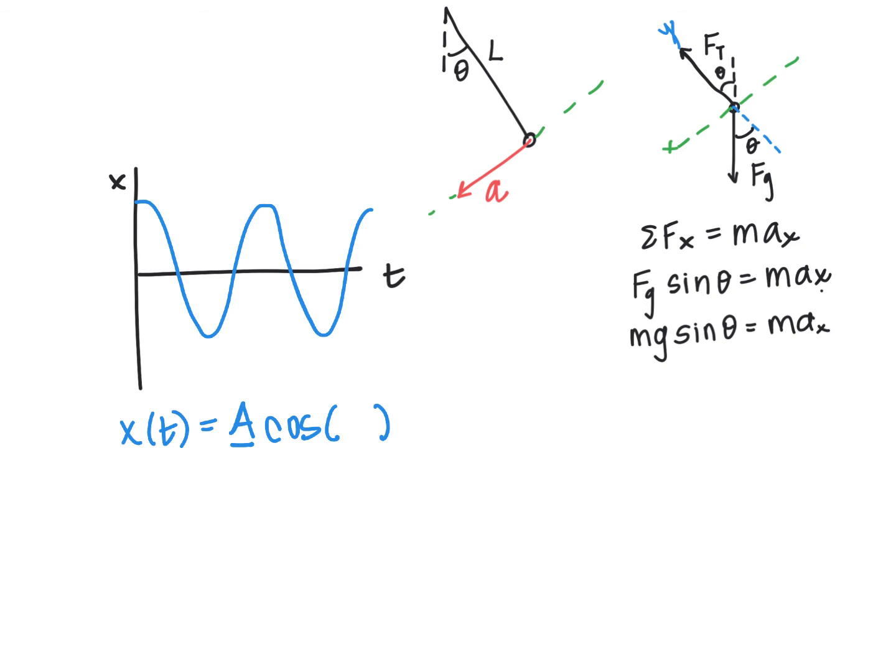Now, in order to not confuse the angle of the position of the string with the angle of the motion, which would be related to the cyclic motion. So remember, even as this object is moving in this arc path, it's completing a cycle. And so there are 2 pi radians in that one complete cycle there.